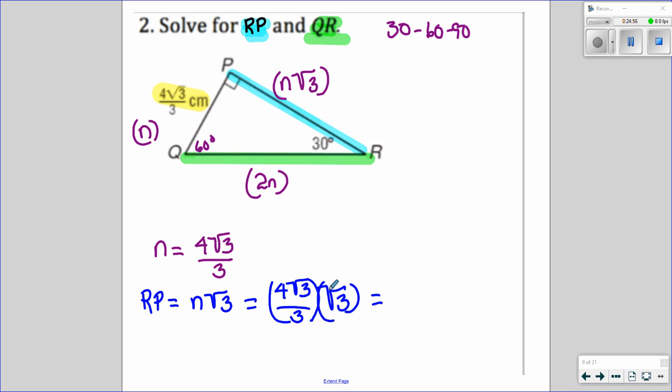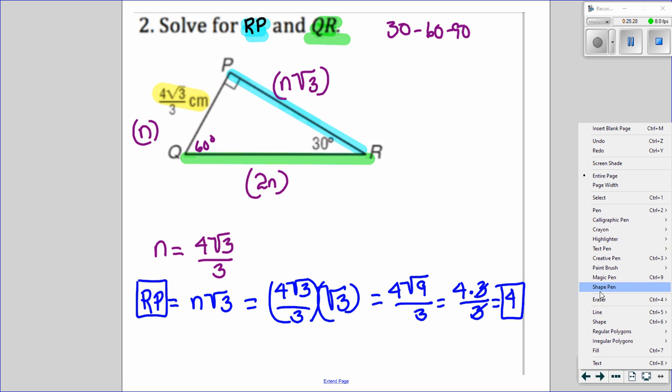Whatever's underneath the radical, you multiply them together. So then that means this will be 4 times square root of 9 over 3. And 4 times the square root of 9 is 3, over 3. And since you got 3 on the top and bottom, you can cancel them out because they'll give you 1. And then you have 4. So then that means our RP is equal to 4. Okay, so we found the blue side.